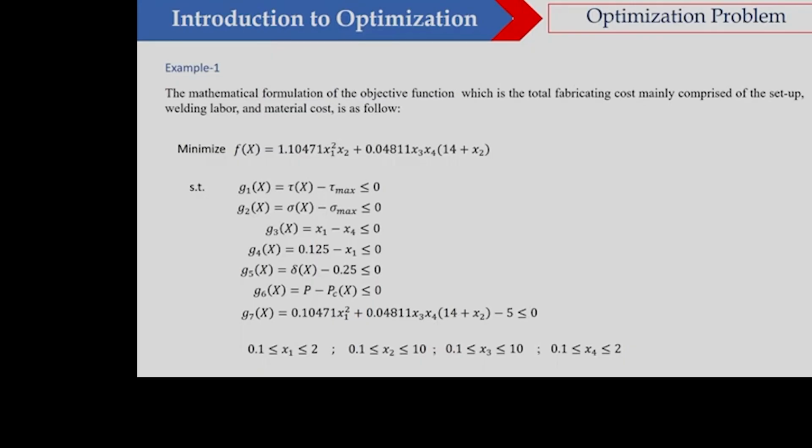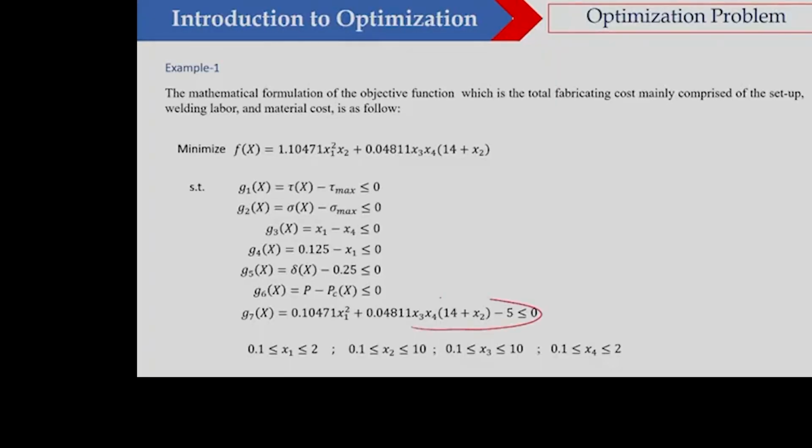There is another version of this problem. There is another constraint, that is C7. You can see this is another constraint of this particular problem, and I have also solved this problem using constraint 7.